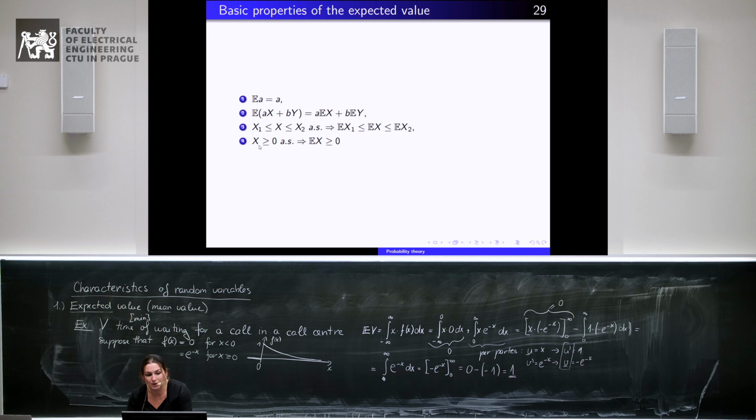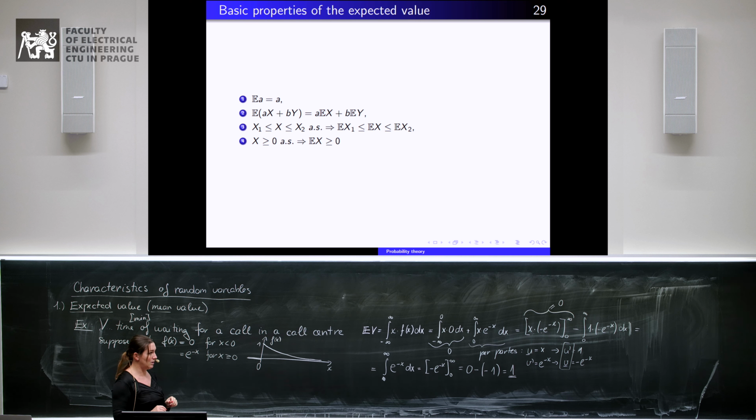So when we have a random number which is non-negative, for example, the time of waiting, or the weight of something, of an object, the height of a person, and so on. So when we have some non-negative number, which is very often, then its expected value, which is in fact the mean value, the average, must be non-negative as well. And it makes sense: when we have only positive times, then, of course, the average cannot be negative.